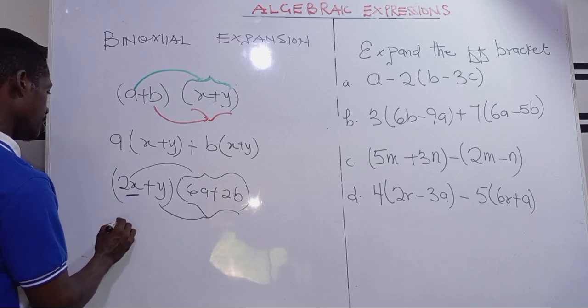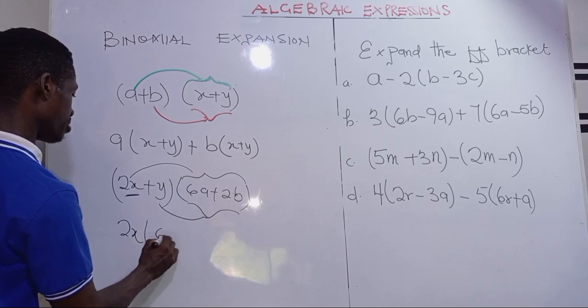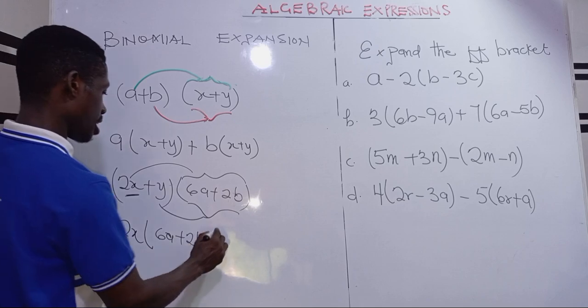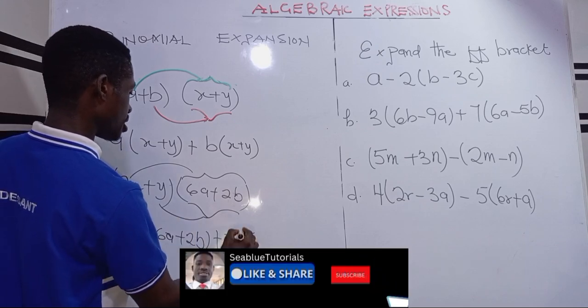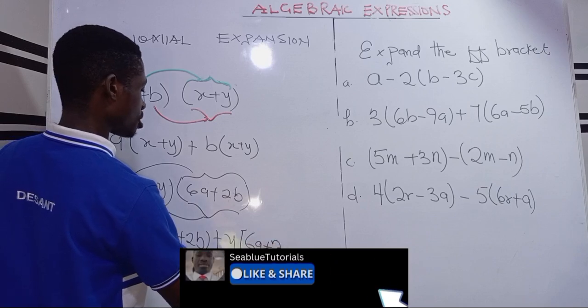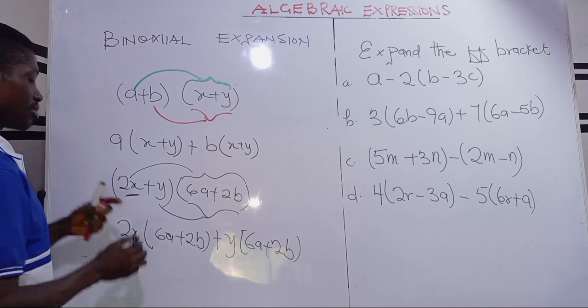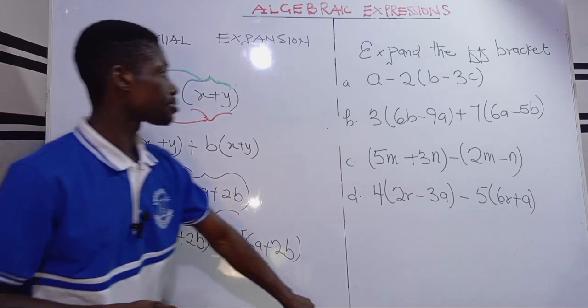So we are going to get 2x multiplying the whole of the first bracket, we have 6a plus 2b. Then we have plus y multiplying the whole of the second bracket, we have 6a plus what? 2b. And then we expand and then we simplify. So let's take examples and then see how we can apply them.